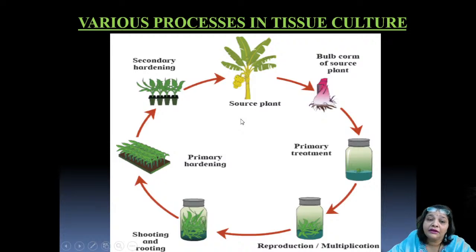This is how the processes in tissue culture lead to the multiplication of the required plant.